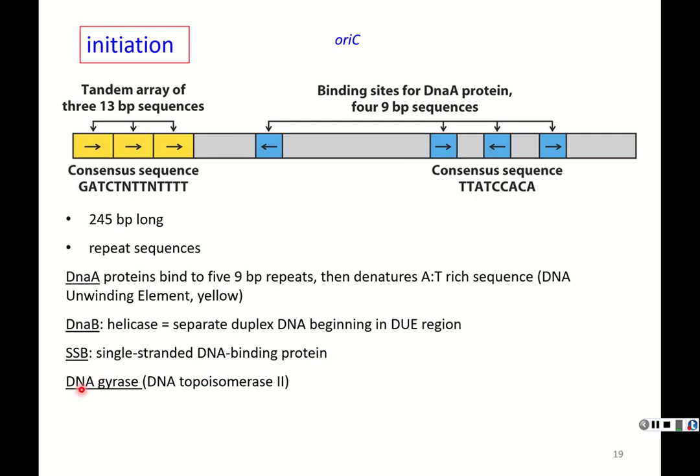And then you have DNA gyrase, which, if you remember from last lecture, is DNA topoisomerase 2. As the DNA is being unwound, it can bind up, and gyrase helps cut it and alleviate the pressure from unwinding.